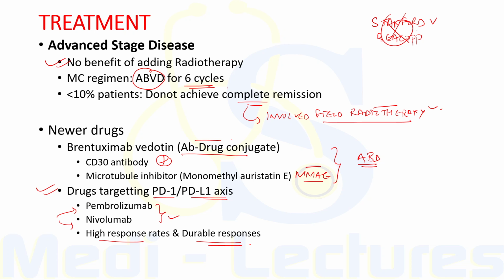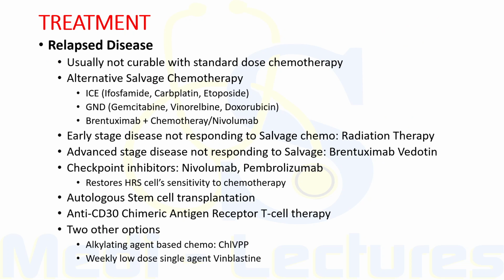Now coming on to the treatment of relapsed disease. So patients who relapse after primary therapy of Hodgkin's lymphoma can frequently still be cured. Now patients who relapse after an effective chemotherapy regimen are usually not curable with standard dose chemotherapy. So in these patients, alternative salvage chemotherapy administered at standard doses is given in order to document sensitivity to chemotherapy and to achieve maximum reduction of tumor mass.